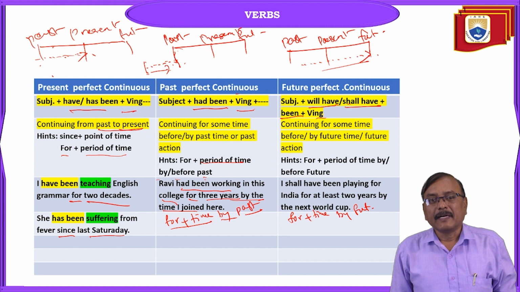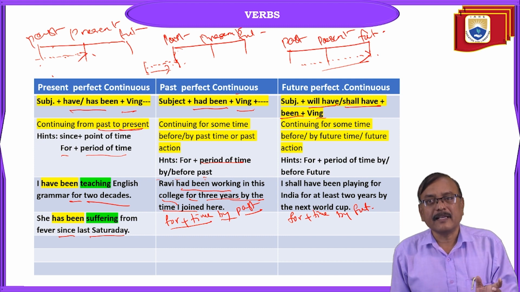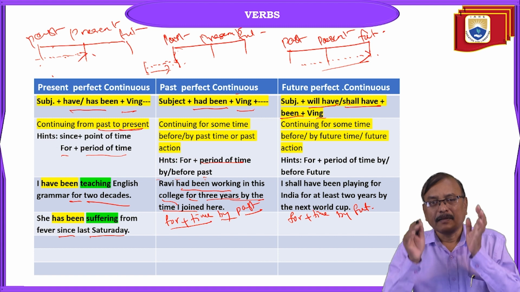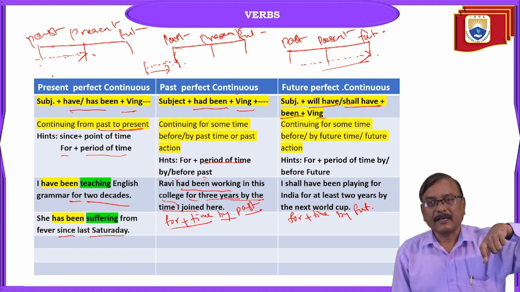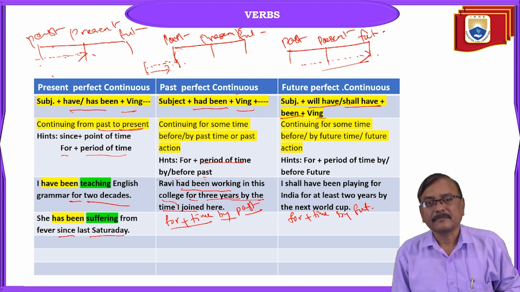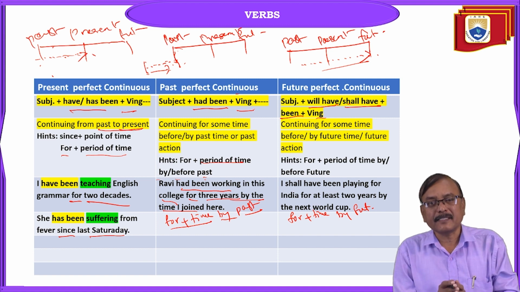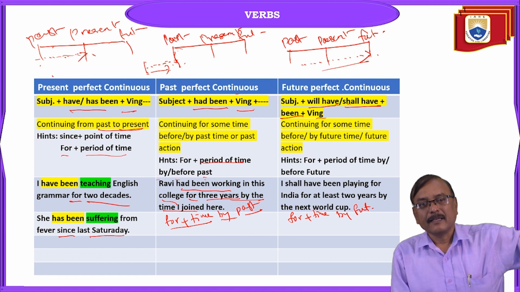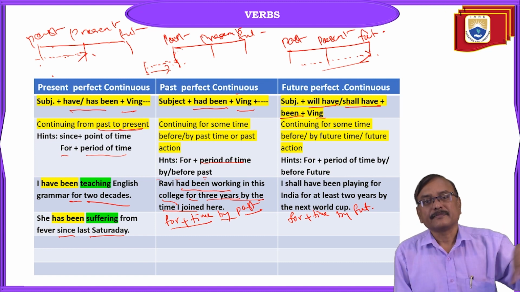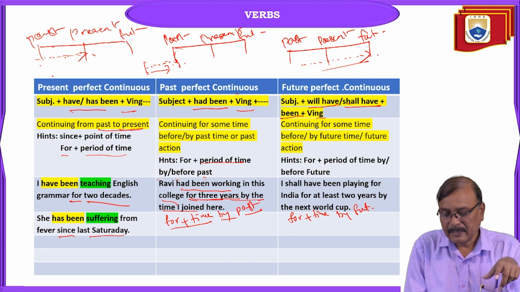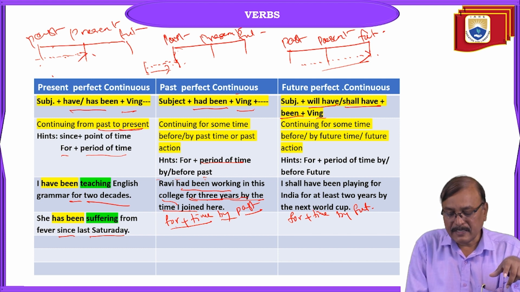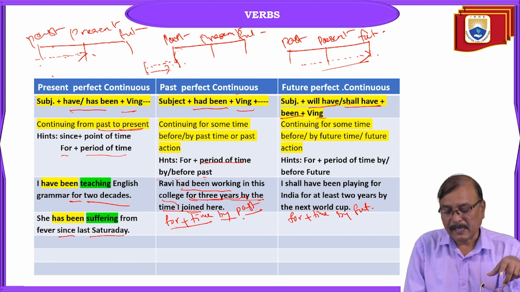By the time I joined, Ravi had been working in this college for 3 years. Means before I joined, he had been working here for 3 years. For plus time, that is for 3 years, by the time I joined. This is by plus past.